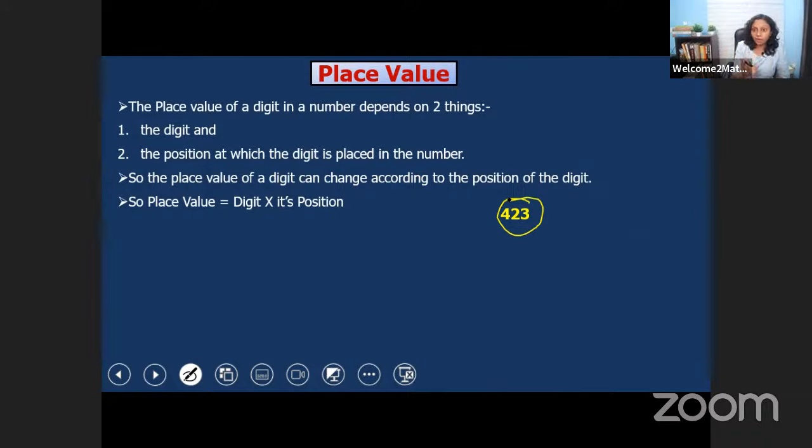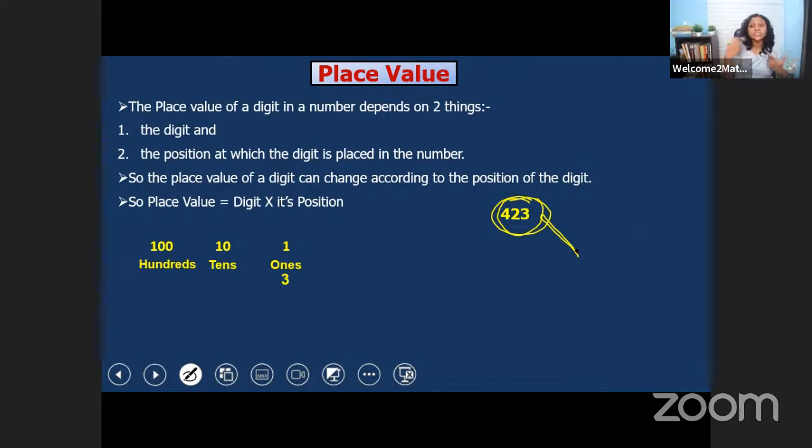So let's find out the place value of the digits. At first we'll start from ones place. Here you see is 4, 2, 3, and 3 is at ones place. From the right side, whenever we see the number, 3 is at ones place. So let's write 3 first. 3 is at ones place.